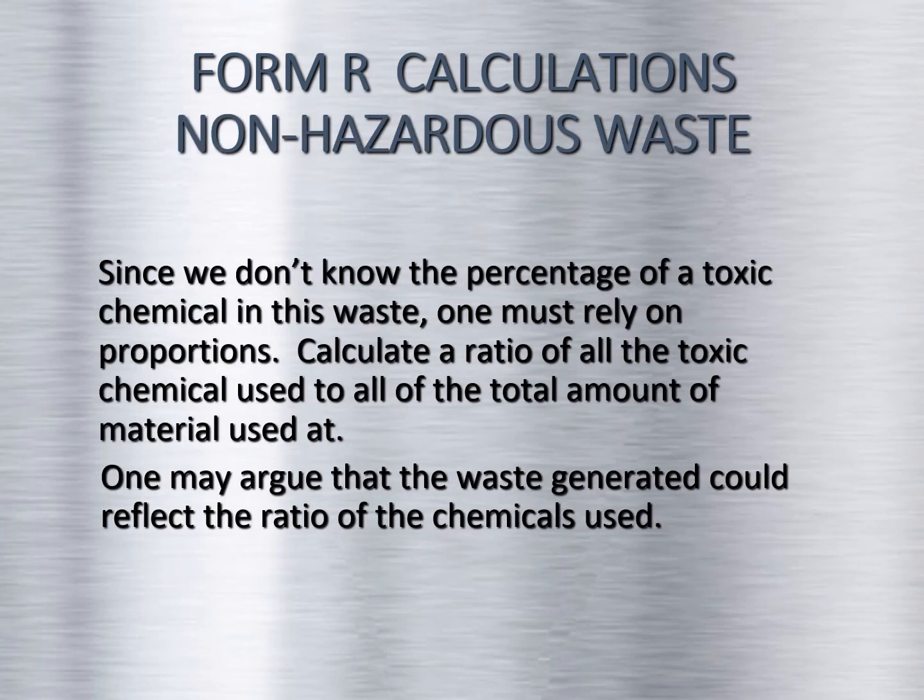Now, if you're shipping a waste for which you have no analysis, then you have to use mass balance. To do this, take all of the pounds of the material that you use or purchase over the year and determine what percentage of the listed component is in your raw material, and assume that your non-analyzed waste has the same percentage.